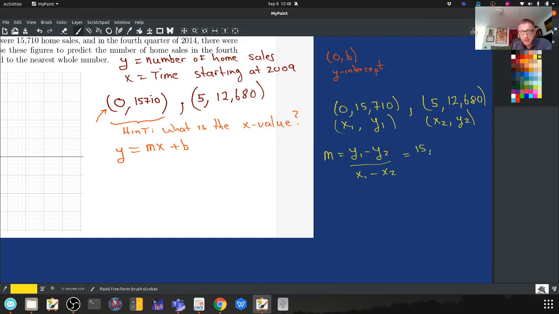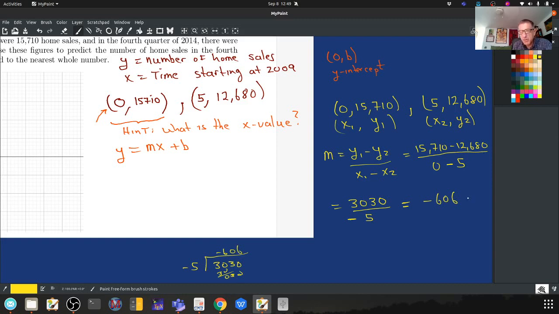And that gives me 15,710 minus 12,680 divided by 0 minus 5. 15,710 minus 12,680 turns out to be a nice value, 3,030, and 0 minus 5 is minus 5. 3,030 is evenly divisible by minus 5. So dividing 3,030 by minus 5 gives minus 606.